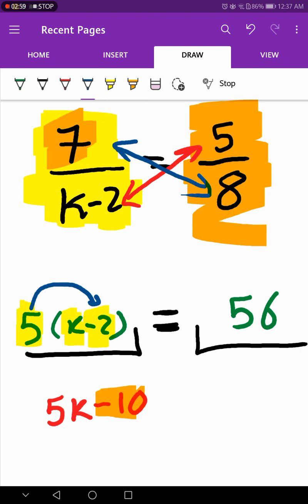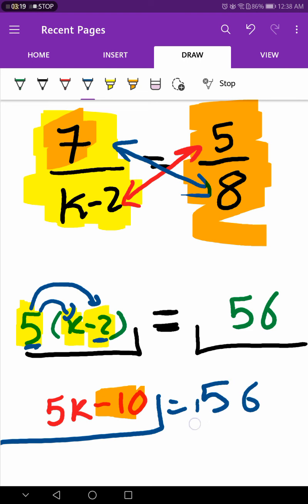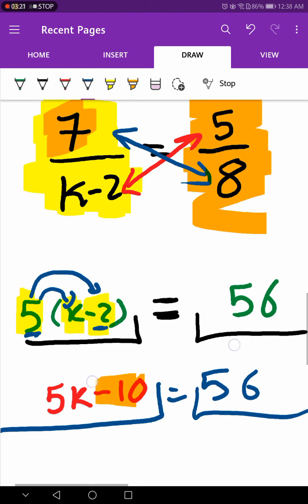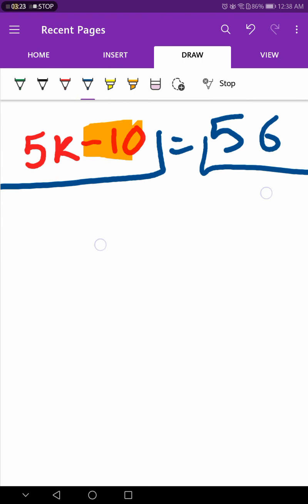It is very important to visit his farm. So you multiply the 5 by k and get 5k, then multiply the 5 by negative 2, which is negative 10. So this is the left side. What about the right side? Sorry, it is 56.